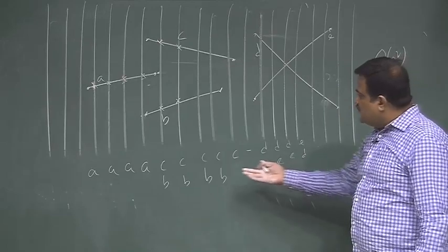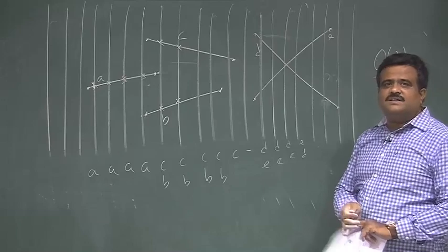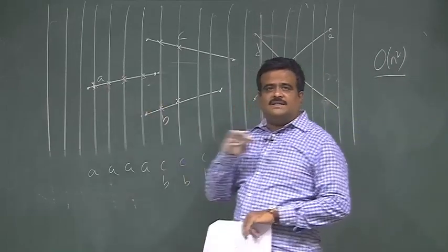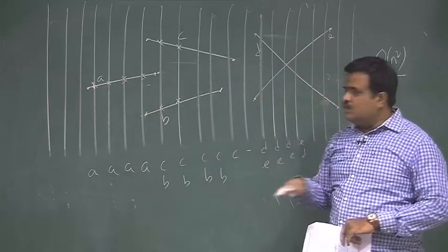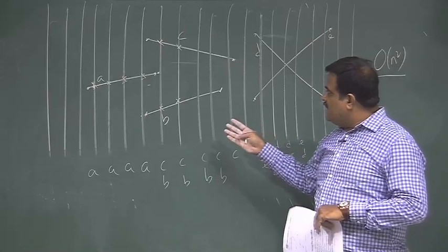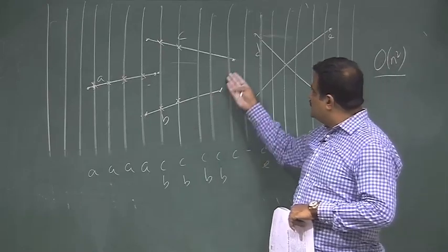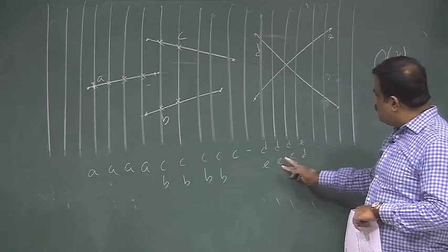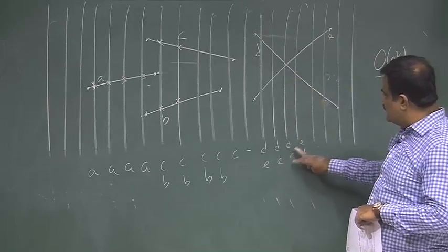Now, this value will change under three conditions. Either when a new line segment joins, a new value is entered, or when a line is finished, or when there is an intersection.